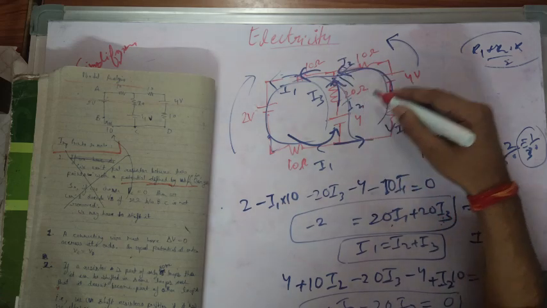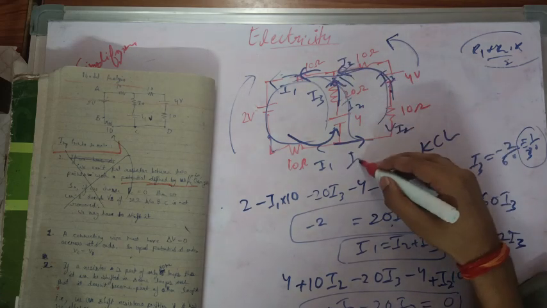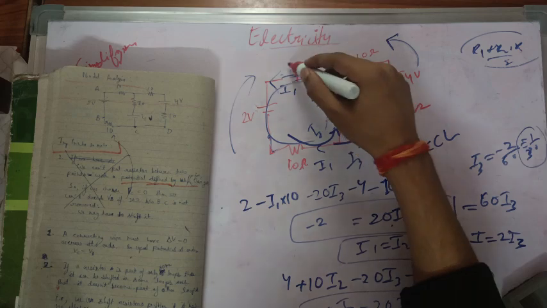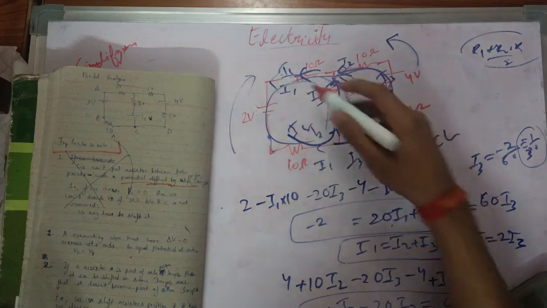This is I3, this is also equal to I3, this is also equal to I3, this is also equal to I3, and this is I1, this is I1, which is equal to 2I3.